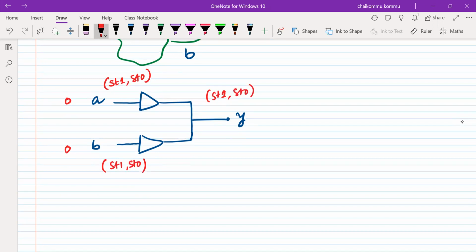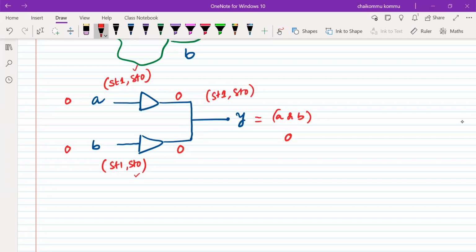We don't show this all the time, but for the sake of simplicity and understanding I am showing it. So 0, 0 means strong 0 is available from both. If the values of both have equal strengths, then we don't have any problem. The output will be assigned either A or B. It doesn't matter, because 0 will come anyway.